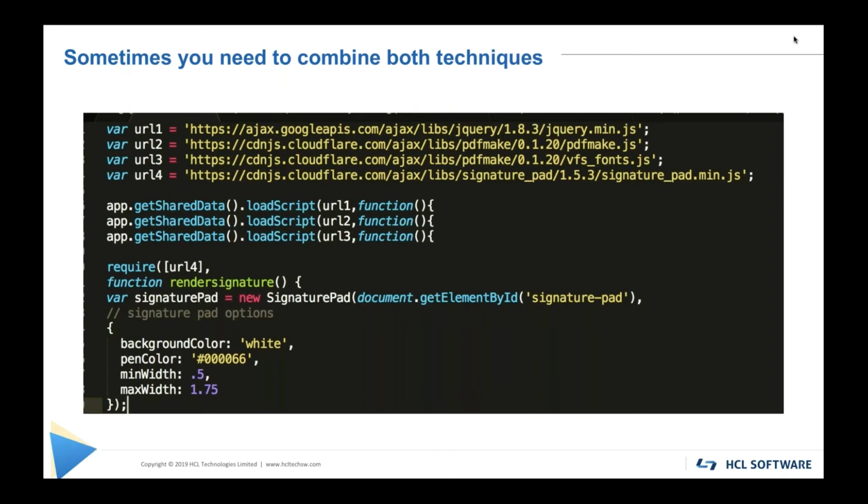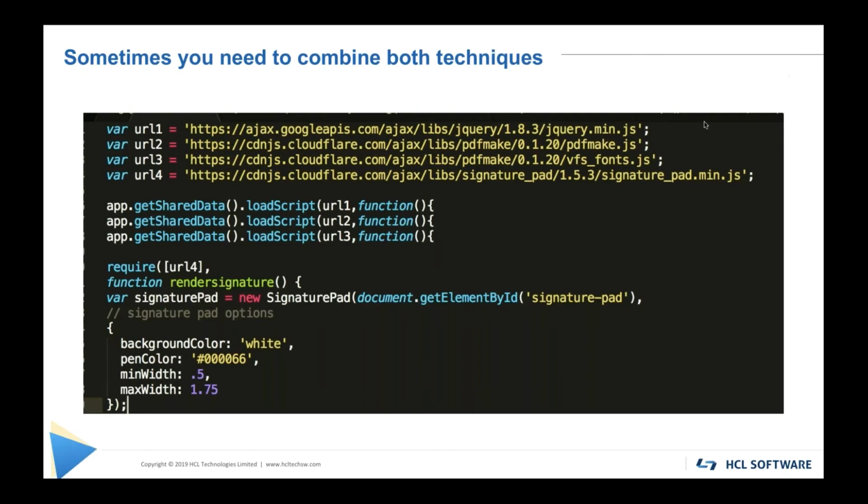And I haven't tried this with the 4 URLs nested with require. But if I tried the 4 nested with the shared load script, it doesn't seem to work. For whatever reason, this last piece here, when I add require, it does work. So I'll confess I don't understand everything of my code, but if it works, I'm happy.